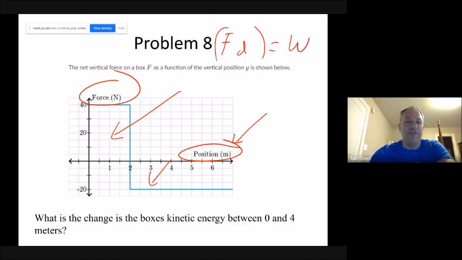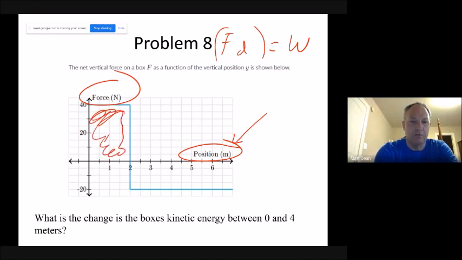So when you have a force-position graph and you find the area under the curve, you're essentially finding work. So let's find the area under the curve between 0 and 4 meters. The easiest way to do that is to divide this into two chunks. Let's first go from 0 to 2 meters and find this area, the area right in here.